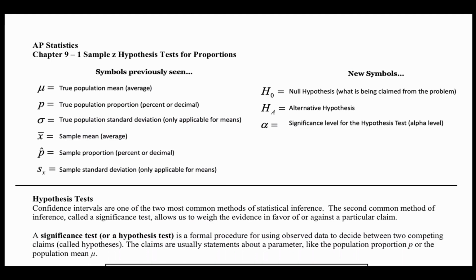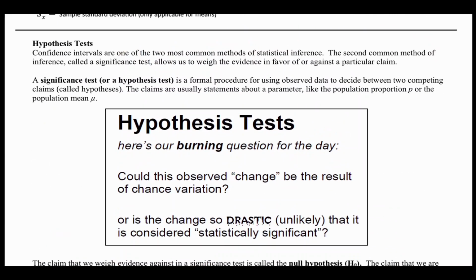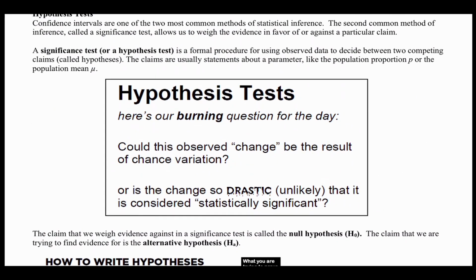Those are the 2 things we're testing. The claims are usually statements about a parameter. We know a sample, and I'm trying to make judgments about the parameter, like the population proportion or population mean.